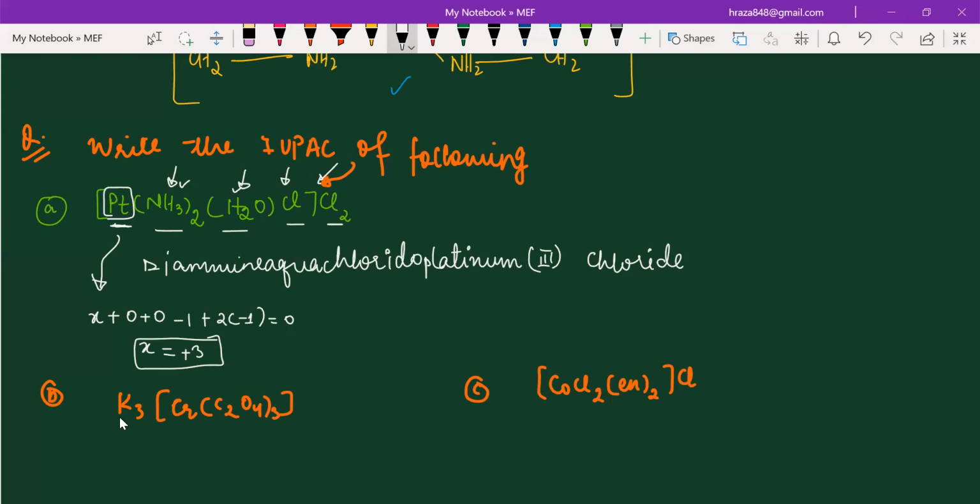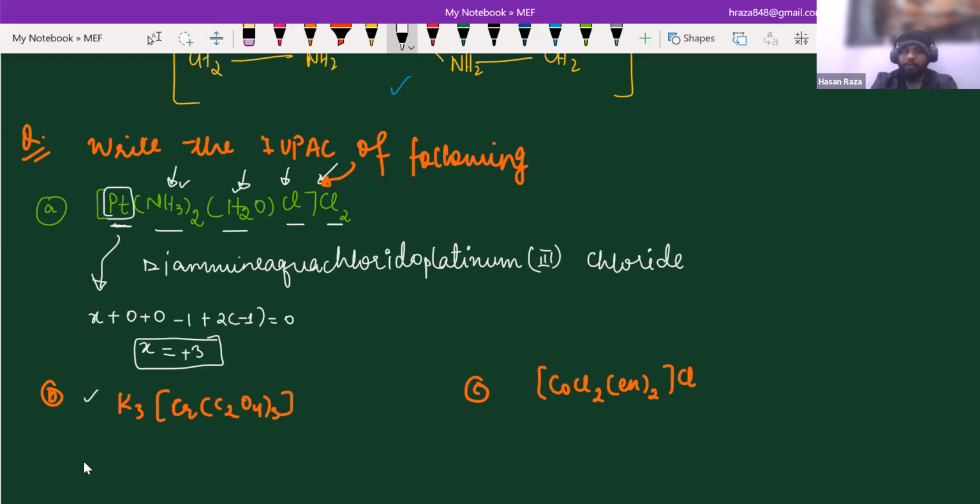Like in this case, you can see there is a positive counter ion, so we are going to write the name of it, potassium. I told you whatever the number of counter ions, don't go with di, tri, tetra. You just need to write the name. Got it? Yes, sir.